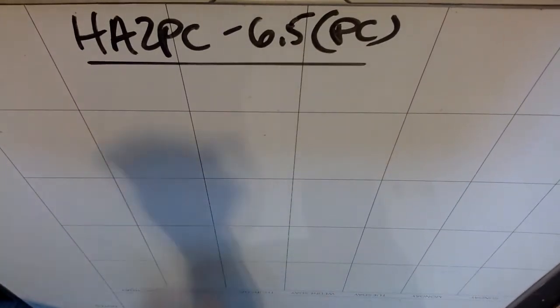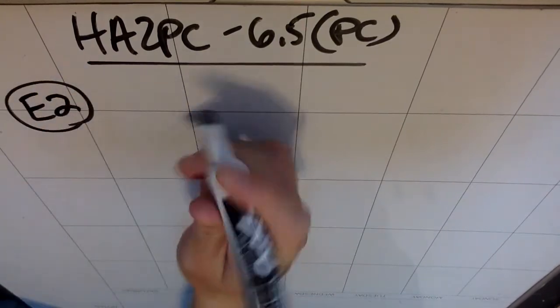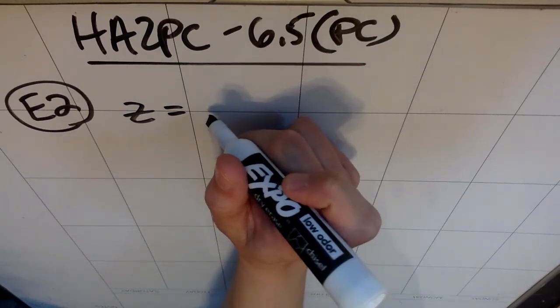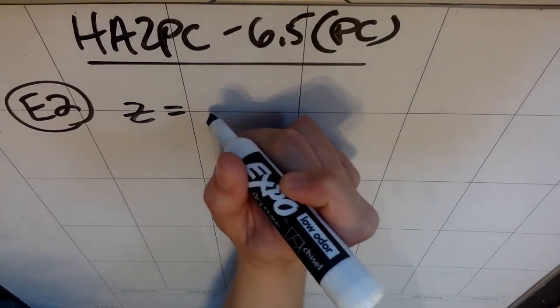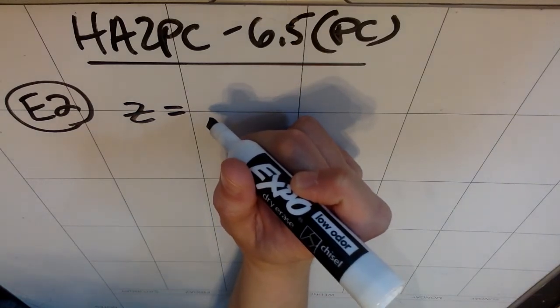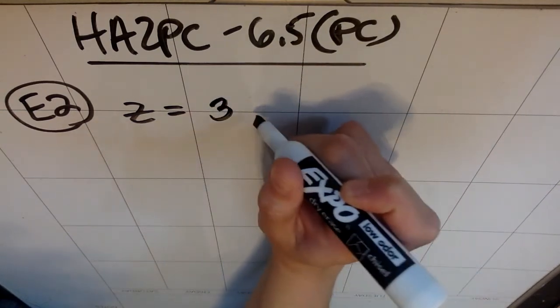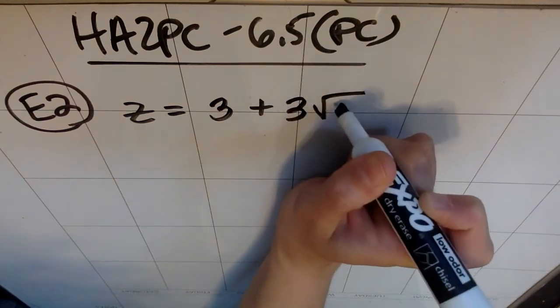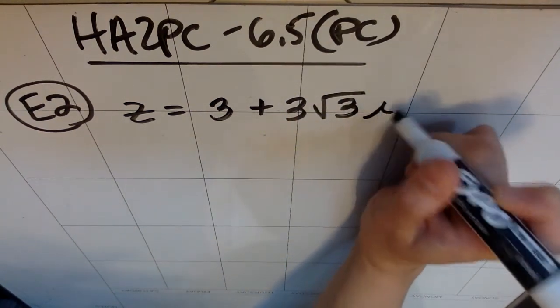So we're on example 2. All right, so I'm going to let z equal... I'm going to pick 3 plus 3 root 3 i.